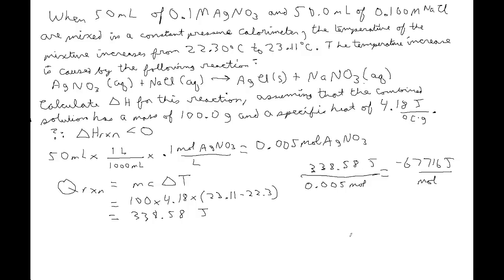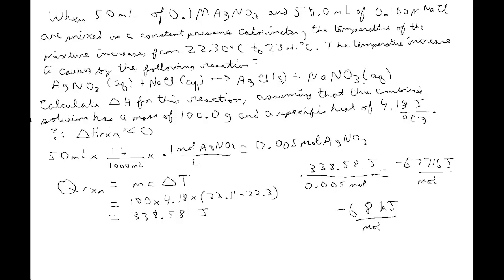And then we can divide it by 1,000 joules to get kilojoules, so it'll be negative 67 kilojoules per 1 mole AgNO3, and the same number per 1 mole of NaCl. Good. What would you round that off to? Negative 68. Okay.